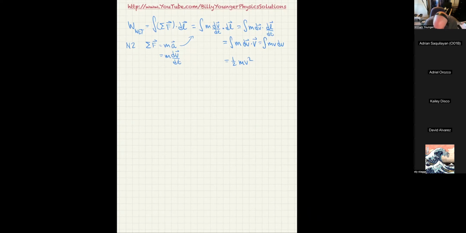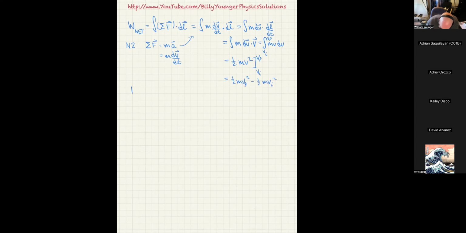Okay, so that integral m v dv is going to be from v initial to v final. That means I have to evaluate that integral that I just calculated between vF and vI. So this is going to be 1/2 m v final squared minus 1/2 m v initial squared.